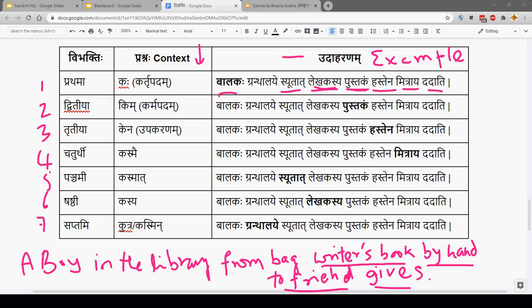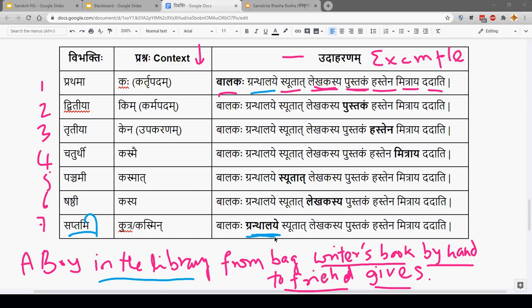For example, in the library, the whole thing becomes Granthalaye. So you can put Granthalaye anywhere. It is a case ending, highlighted here. Saptami, the seventh case ending, applied to Granthalaya.